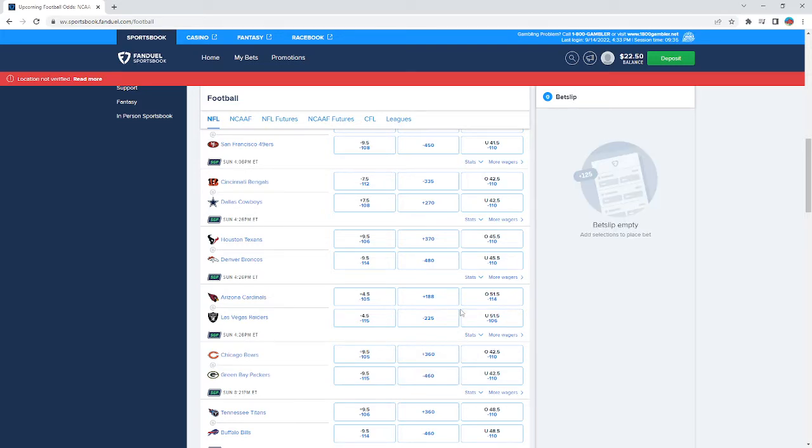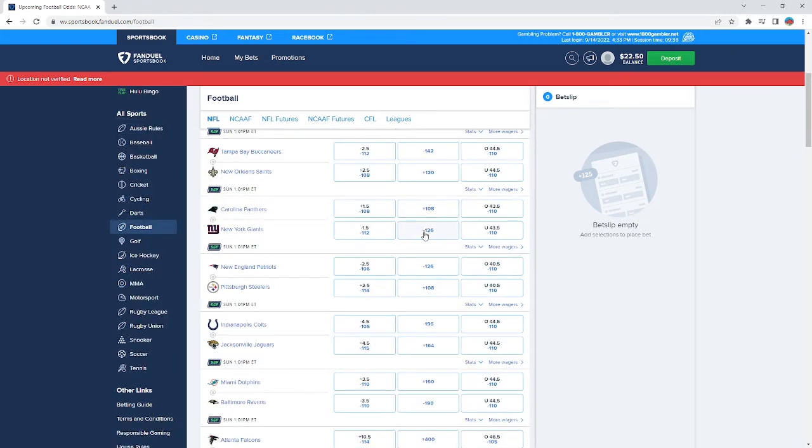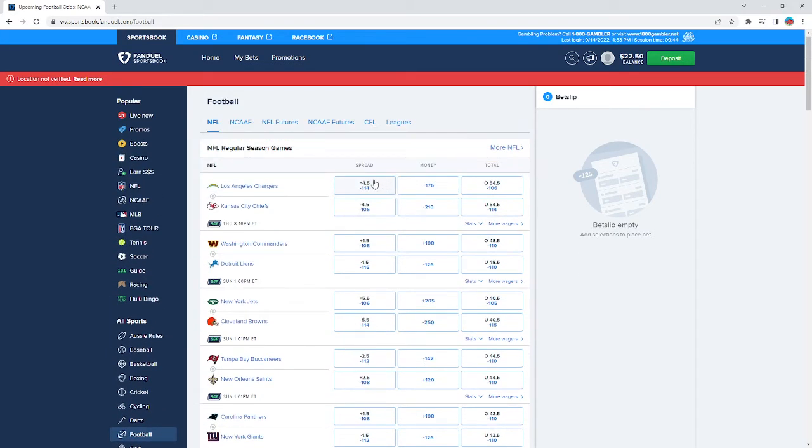So, now that we know the minus number is the favorite and the plus number is the underdog, we can start matching that number to the spread and making it a little easier to understand. For instance, the minus 210 favorite Kansas City Chiefs have a spread to cover of minus 4.5. I believe that I've seen spread numbers that are even, but they will almost always be based around half points.